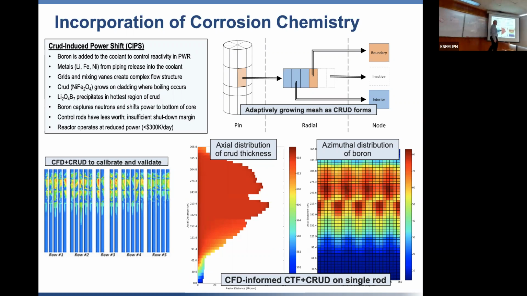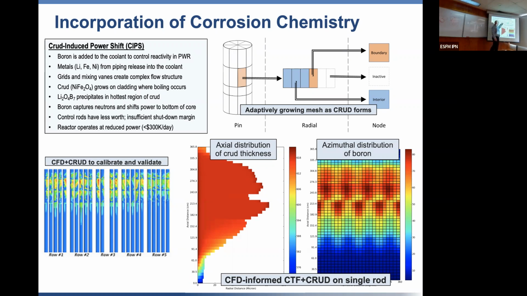In it, we needed to say, what's the temperature of the outer surface of the cladding? What is the temperature of the water? And how many of these metal ions are in the water? With that knowledge of those temperatures and metal ions, we can model with time how that crud grows and thickens and expands on that face.